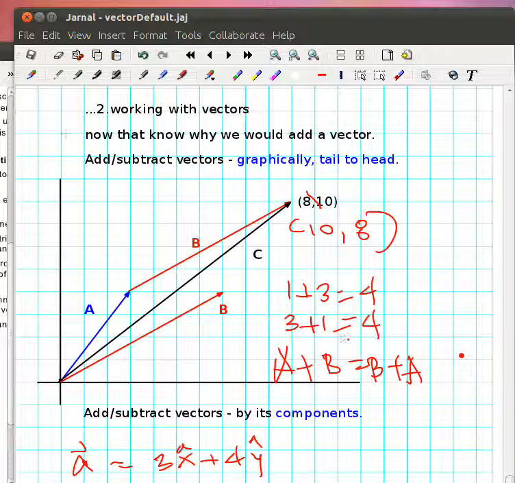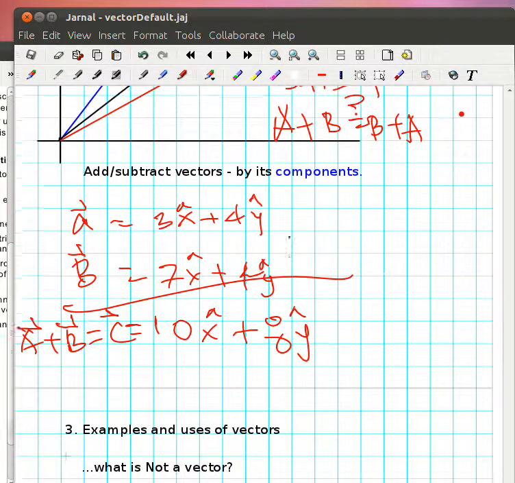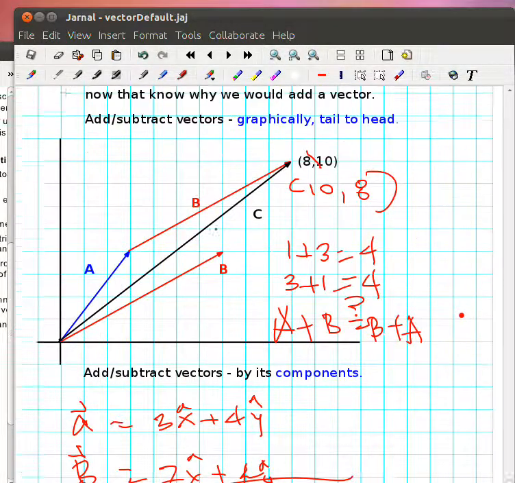That's the question we want to see. We can show it graphically with the parallelogram description, which would indeed show that A plus B does equal B plus A, just like in the number system. So let's go on.